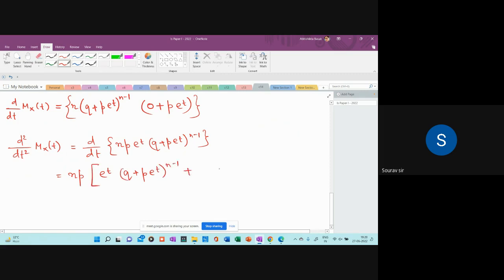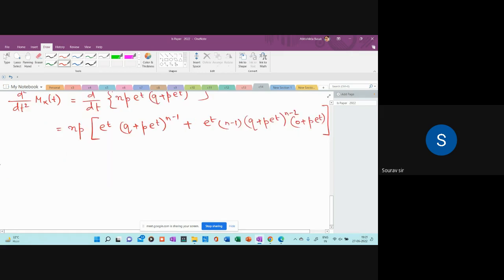And in the next step, keeping the e to the power t and doing the derivative of this thing. And it will again give me 0 plus p into e to the power t. So we are not going to put 0 over here as well.